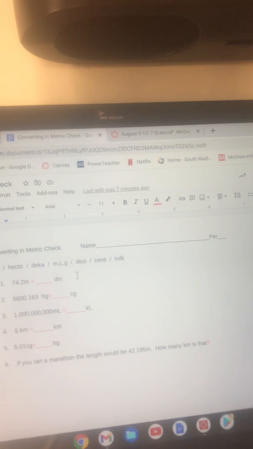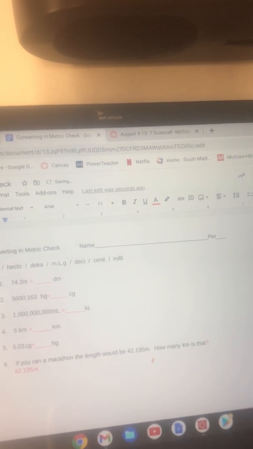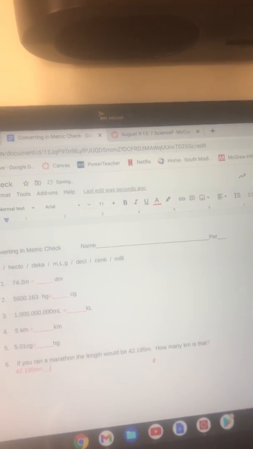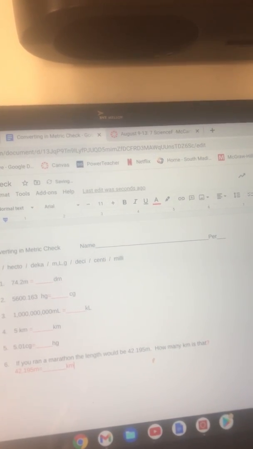If it helps you, write it out like the ones above. It would be 42.195 meters is equal to how many kilometers? That's exactly what that problem's asking.